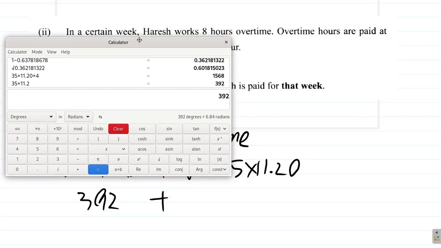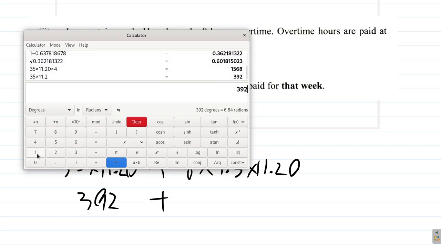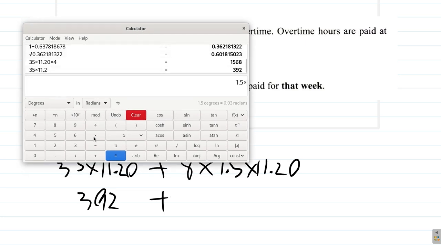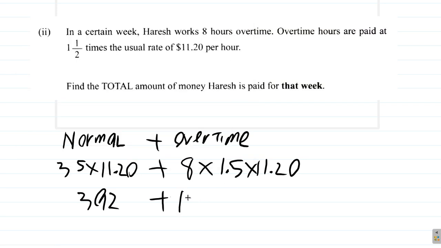You see this part? He's paid 1.5 by 11.2, which is $16.80 for each overtime hour. Alright? Multiply that by 8 hours overtime. You have $134.40. So it's 134.4. Alright?